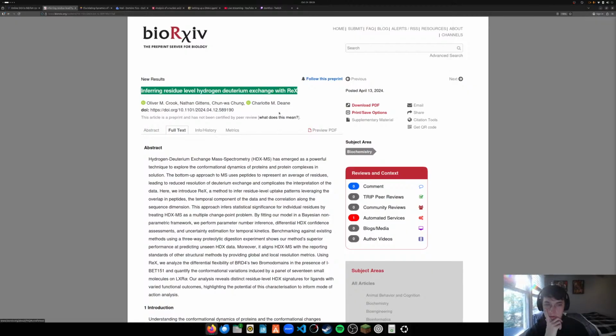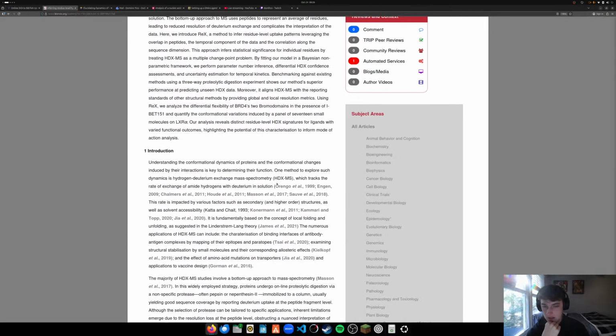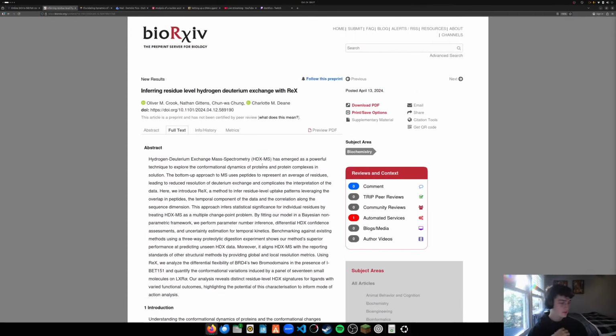From what I understand, I briefly read this probably a couple of weeks ago. Ultimately I want to predict residue level hydrogen deuterium exchange. You could approach that from both ways.